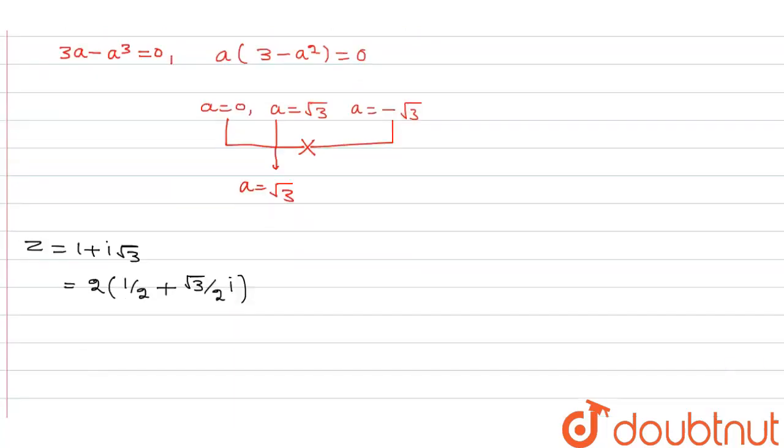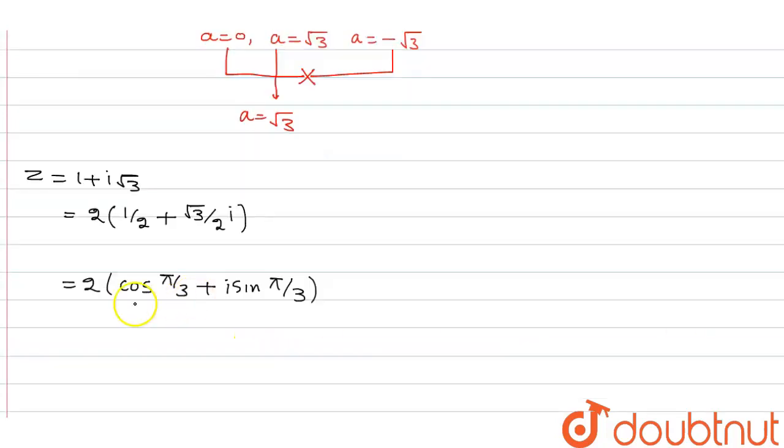Now this can be written as 2(cos π/3 + i sin π/3). And if I write it in Euler form, this can be written as 2e^(iπ/3).